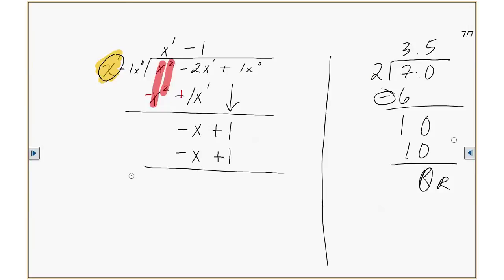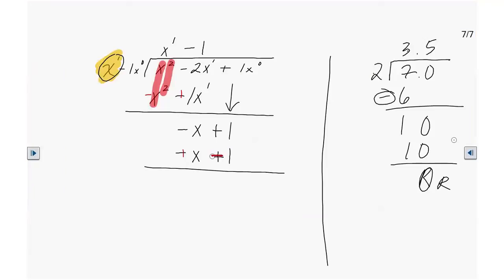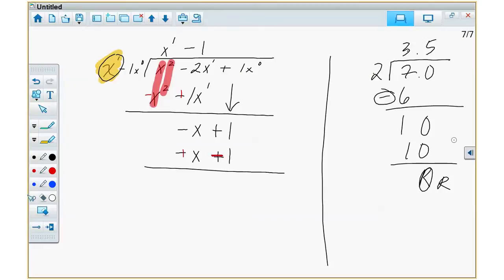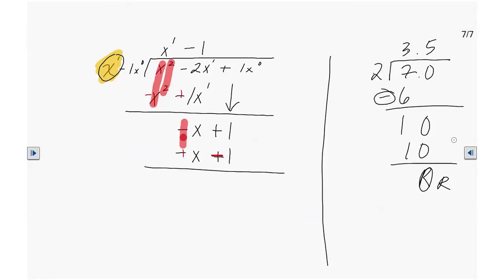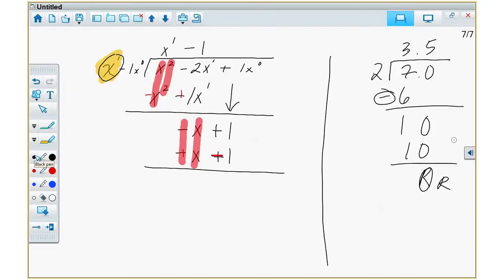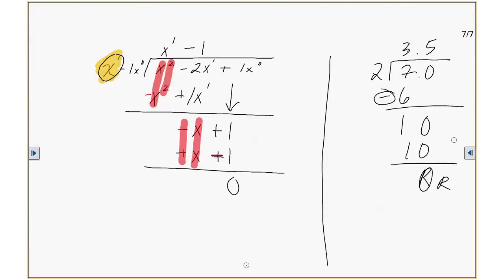We always subtract, and the big subtraction symbol makes this turn into a positive and this into a negative. And what happens to this term? It goes out. And what does this term do? What's 1 minus 1? 0. And you've just done long division.